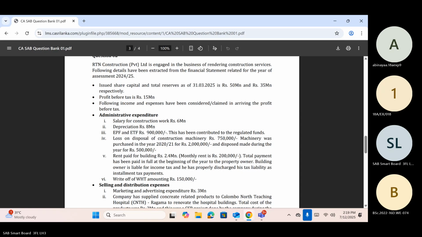Machinery. What's the cost? 2 million. From there we can deduct capital allowance. Obviously, if it is an asset which is used in the business, they would have claimed capital allowance.